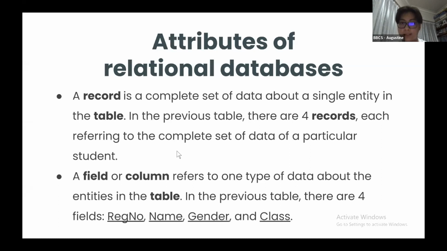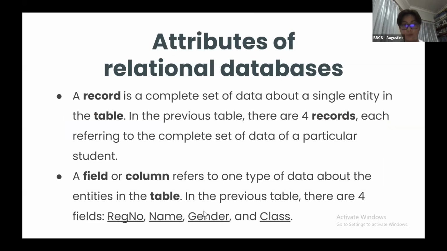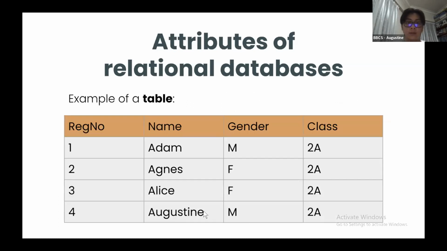A record is a complete set of data for a single entity in the table. In this table, we have 4 records because we have 4 full rows. And a field, more commonly known as a column, is the type of data about the entities in the table. So if we go back to this table again, we have 4 columns. So we have 4 fields.